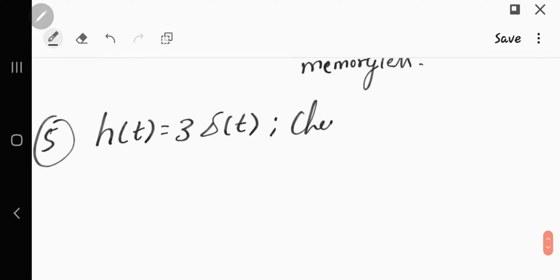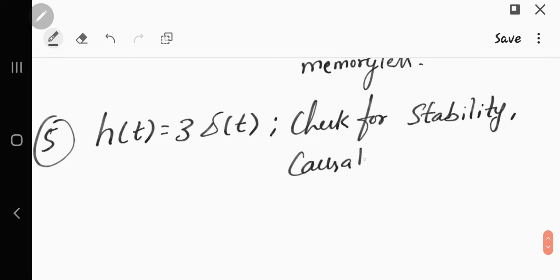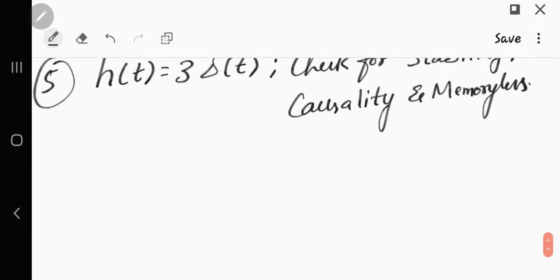So again check for stability, causality and memoryless. Okay. So we have to verify for these three.